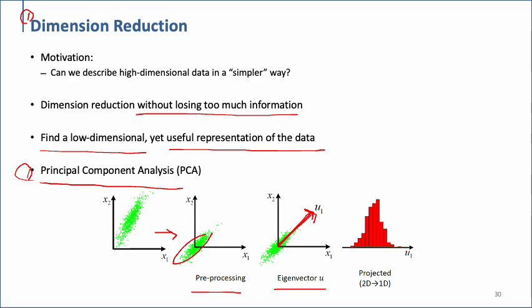By projecting the data onto these principal components, you can simply reduce the data from n dimensions to k dimensions.